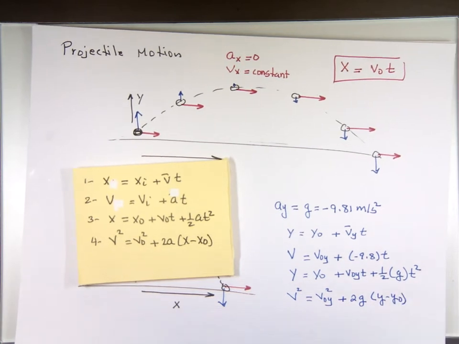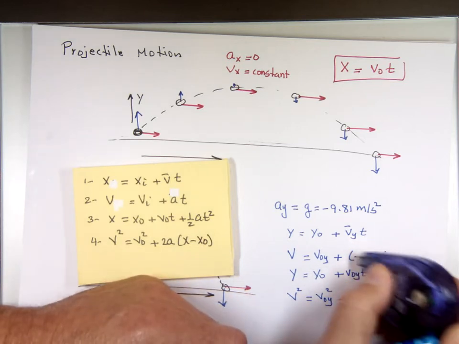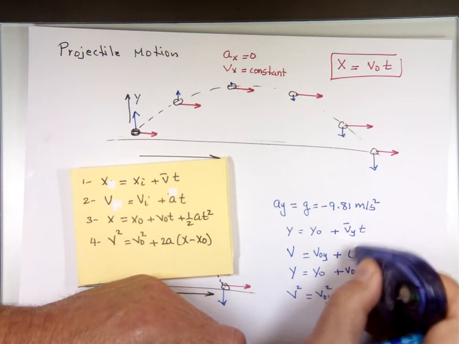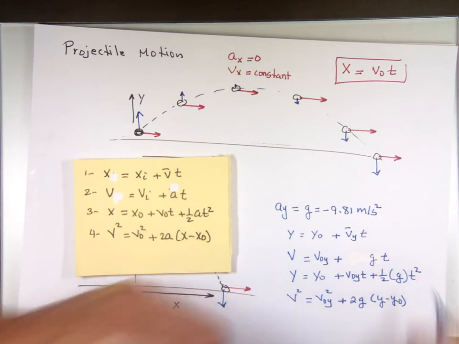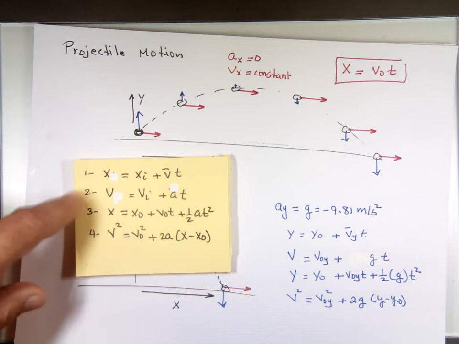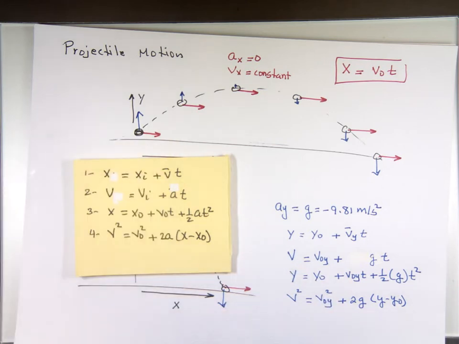The only thing I don't like about what I wrote there is that maybe I should just put g in place of negative 9.8. Since I use g in every one of them, might as well put g here. I mean, you can use either one. So for these equations, we just change x to y, and we change the acceleration to gravity.